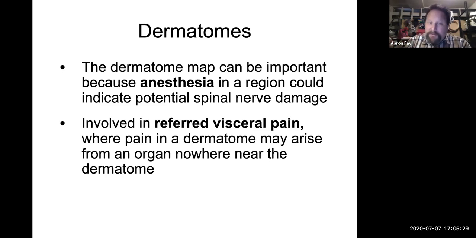Also, dermatomes are involved in referred visceral pain. So we'll talk about referred visceral pain a little bit later in the class, but what I'll simply explain here, you can have cross-circuiting between the visceral sensory nervous system and the somatic sensory nervous system. So a dermatome should be serviced by your somatic sensory nervous system, right?